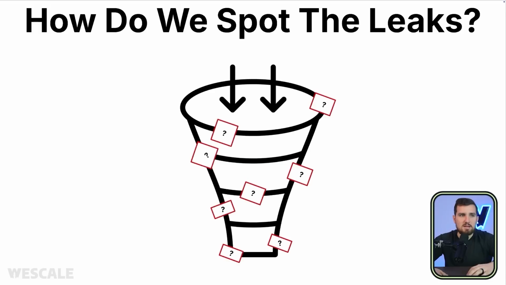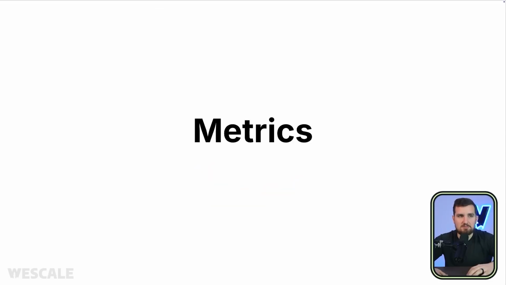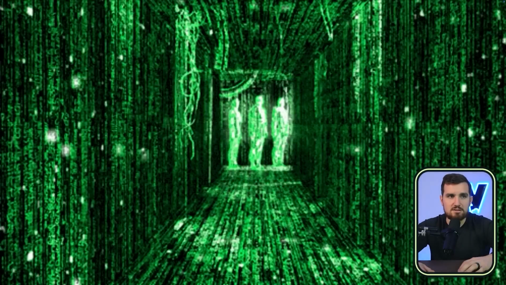So now let's identify the leaks. So how do we spot the leaks? We use those metrics. Just like Neo in the Matrix is able to see through everything, any fellow Matrix nerds here with me, it's basically this kind of scene. We're running a very digital business where, if we're just looking at our online store, just seeing the visual aspect, it's impossible to tell what's going on.